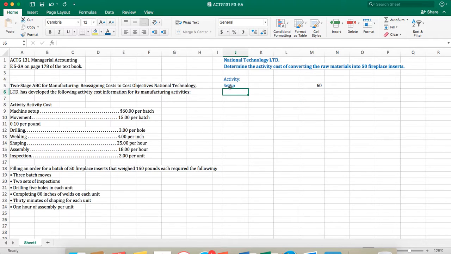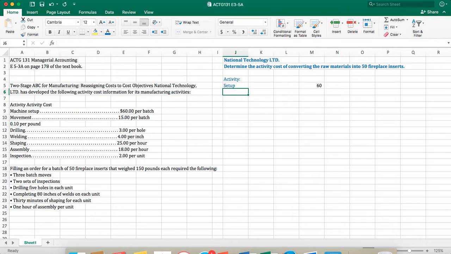Next, we have this movement. Now, movement is a little different than batch. So batch is for the entire 50. So this is a batch cost and this is a batch cost. This 10 cents per pound, this is the cost to move the batch from one spot to another.